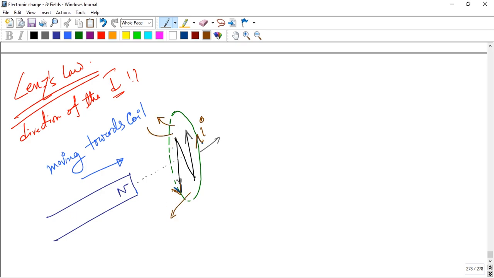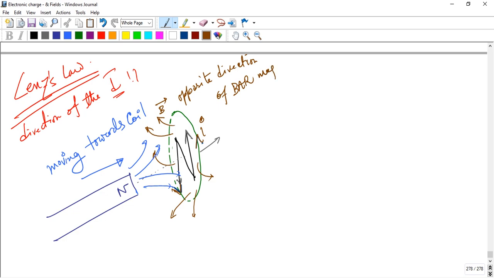This magnetic field B opposes the magnetic field of the bar magnet. The induced current's magnetic field is opposite to the direction of the bar magnet's field.